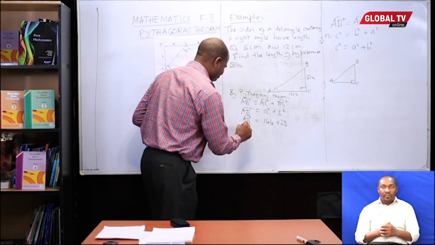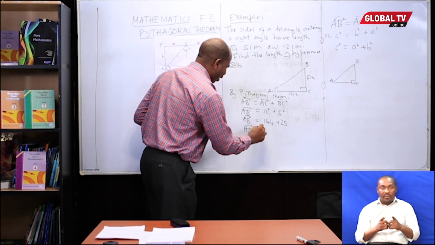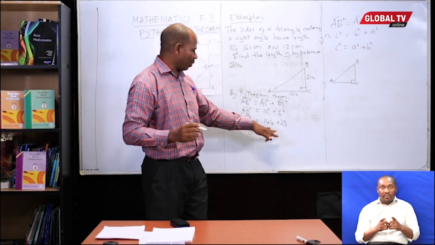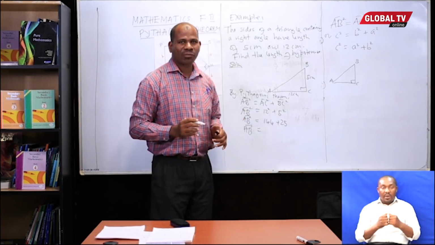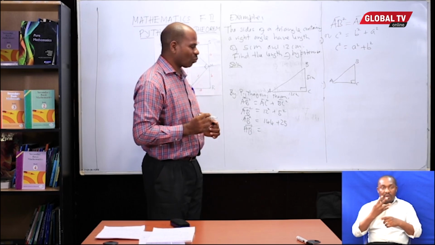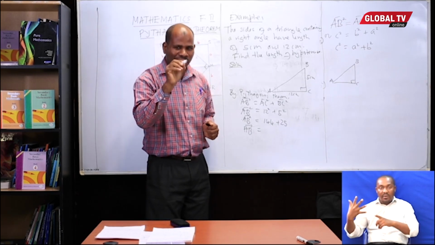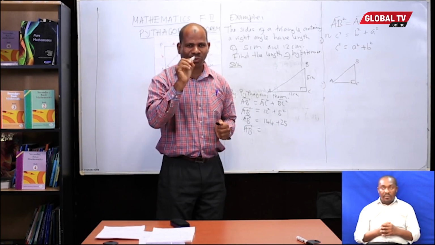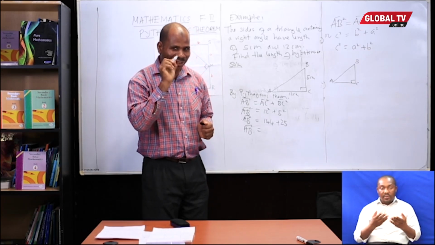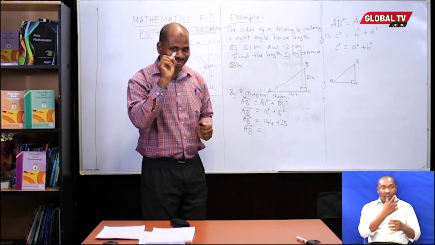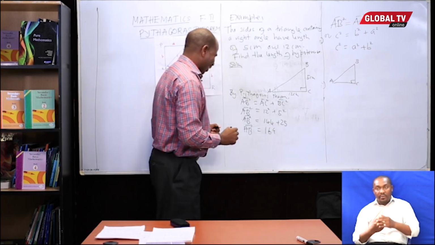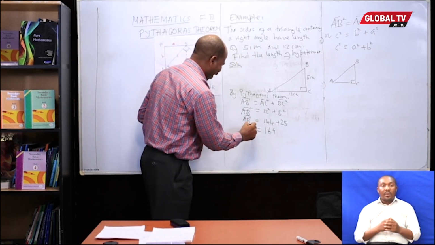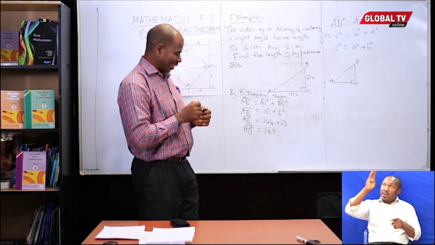And then we still have AB squared, which is the hypotenuse. Now we have to add 144 plus 25. 144 plus 25 is what? 169. So AB squared is equal to 169.